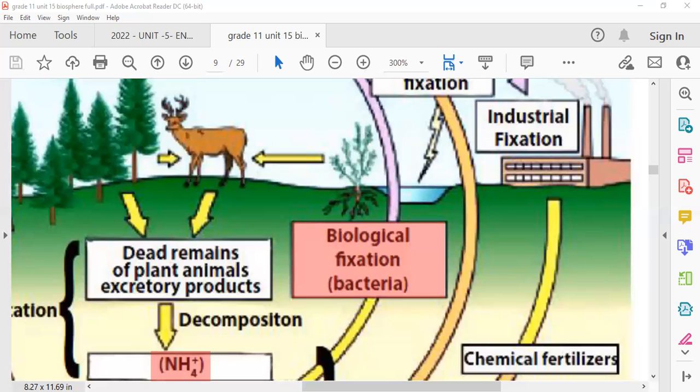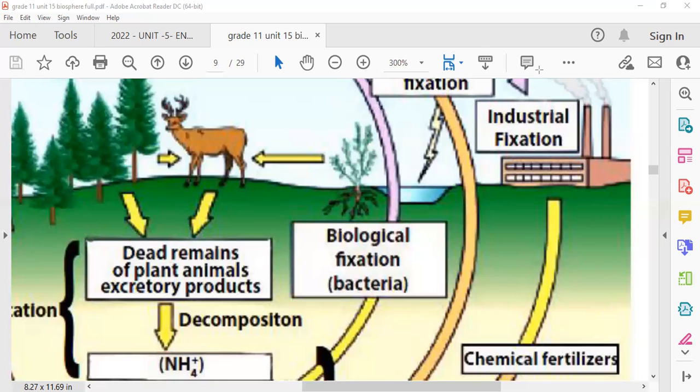But Azotobacter bacteria can do it without the cooperation of any other organisms. It can freely do it. Rhizobium can't do that. Root nodules are compulsory. That is regarding biological fixation.